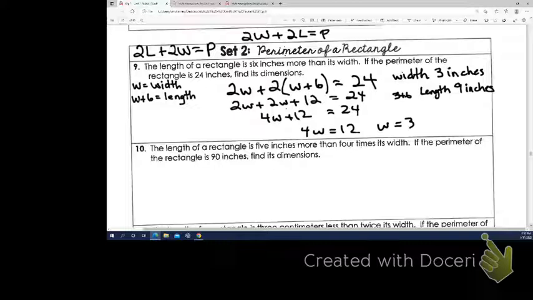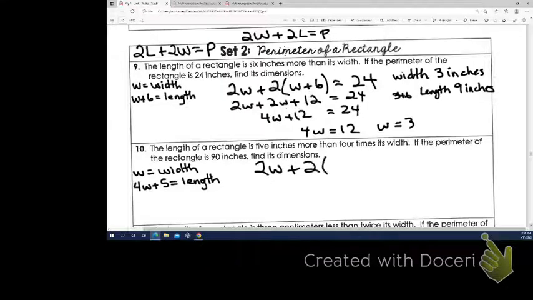So number 10, we can let W be our width again. And then for our length, we'll have 4W plus 5. And then remember when we want to go all the way around the rectangle, that would include 2 of the width and 2 of the length to get that 90.